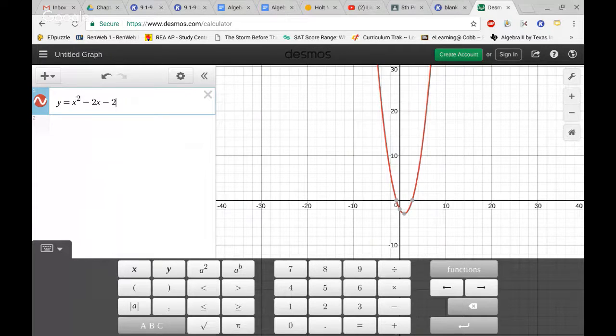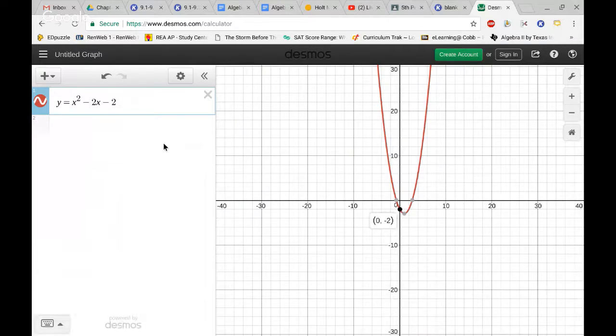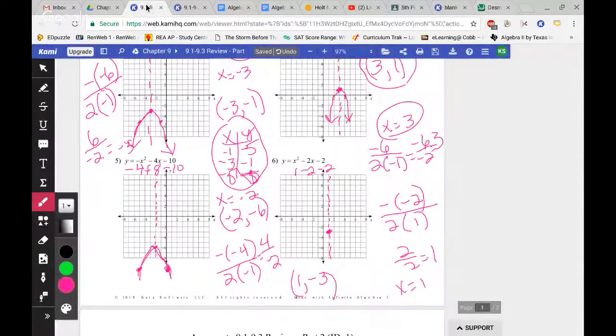Okay. So we've got a y-intercept of -2, and then we've got some big time fractions on the x-axis. There we go.